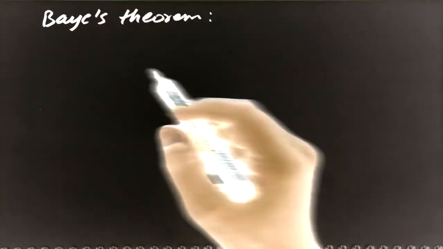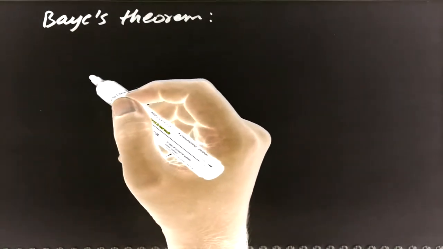Okay, now let us understand the Bayes theorem again using a tree diagram. It is rule number 6.